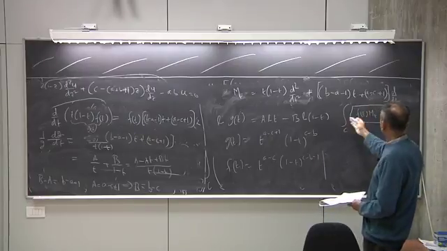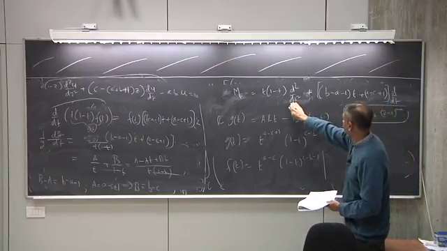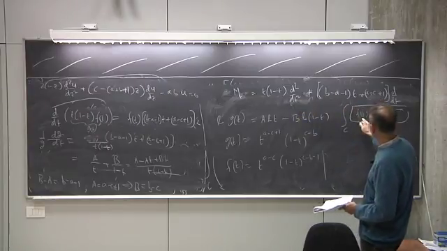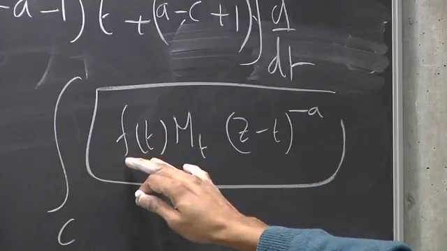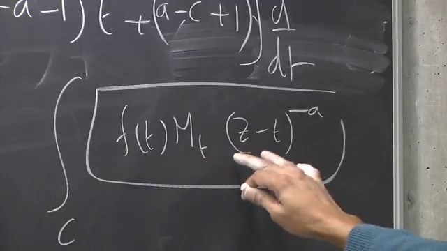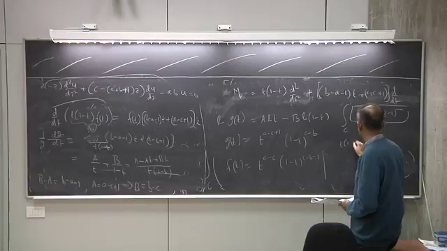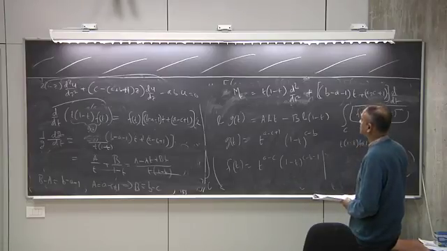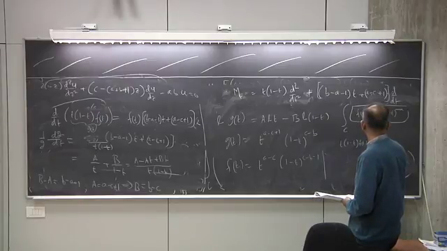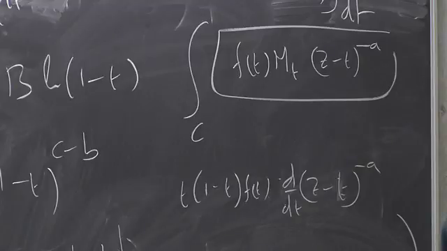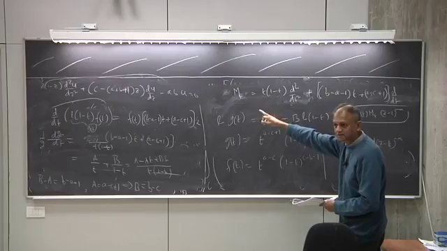Now I need to do two partial integrations, right? Two of this one and one of that. But each time, you will get basically f t times these things. For example, the first time you get t 1 minus t f t times z minus t to the minus a, differentiated by d by dt. That's one term, right? When I do the first partial integration.